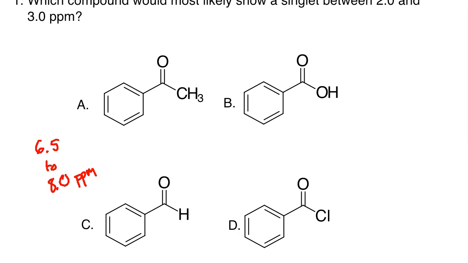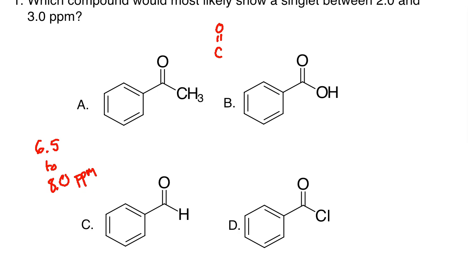A carbonyl, which is a C double bond O, does not have any protons, so we don't need to worry about that. But as you can see, we do have sets of protons outside of that. So we have benzoic acid, we have the acetophenone here, which is the methyl ketone, we have benzaldehyde, and we have an acid chloride group here.